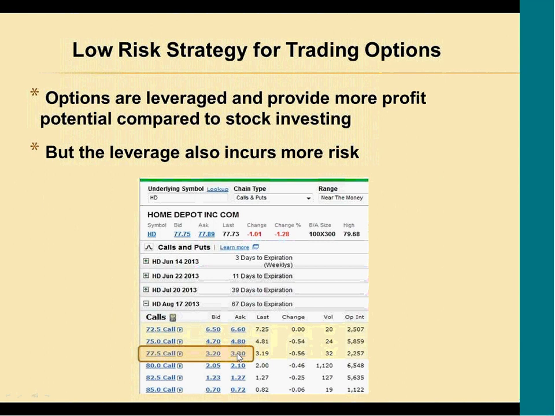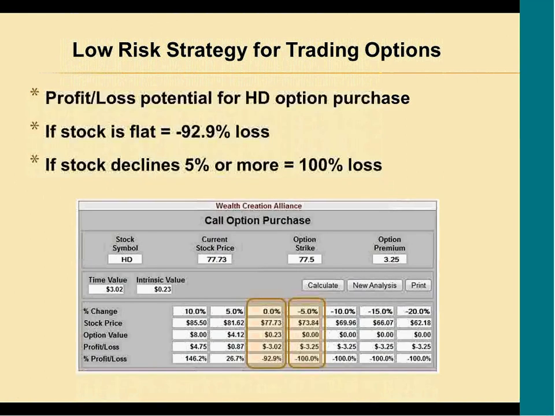You can see that at option expiration, if Home Depot stock is flat at 77.73, you will realize a 92% loss. And if Home Depot is down 5% or more at expiration, of course, this would be a 100% loss.